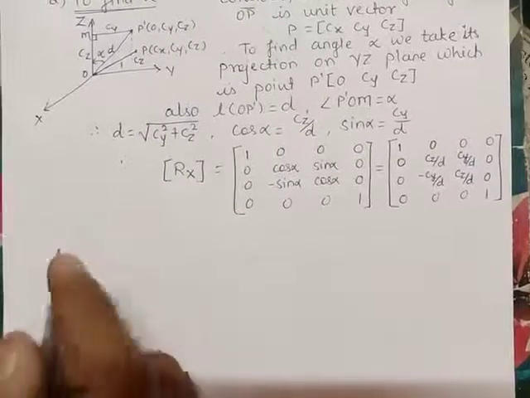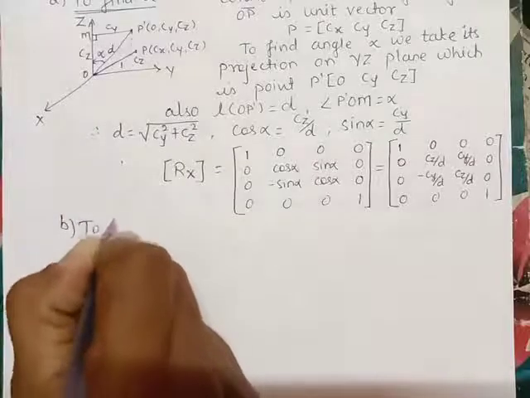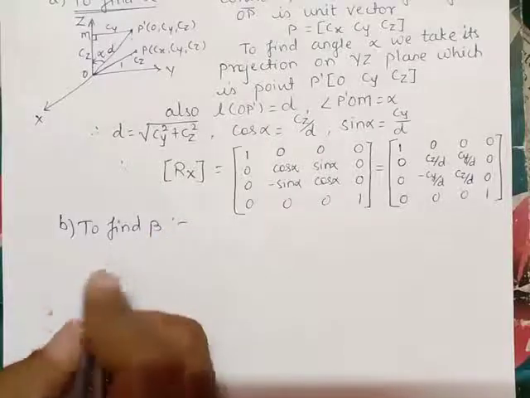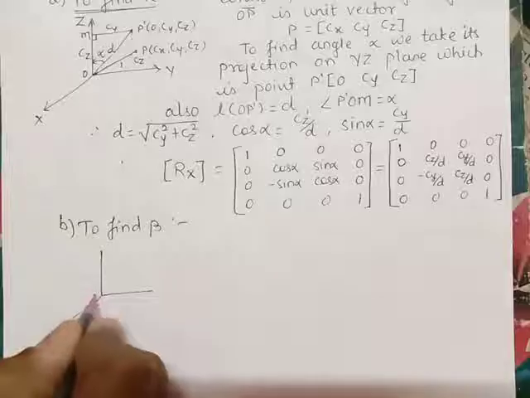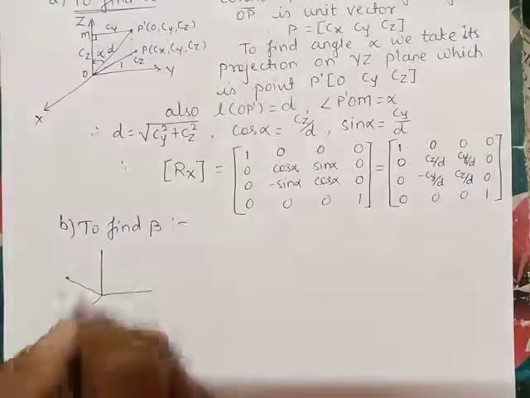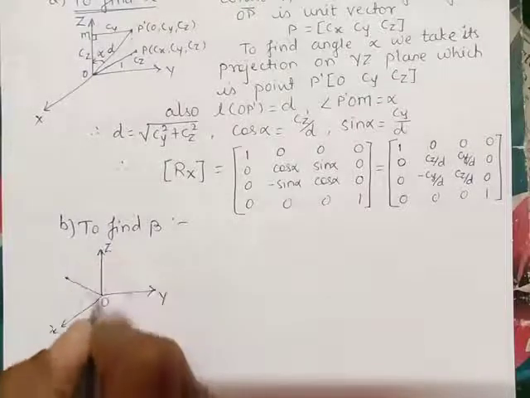Now the next part is what? To find beta. Now you know, to find beta, that vector will come on this xz plane. This is why this plane, xz plane.